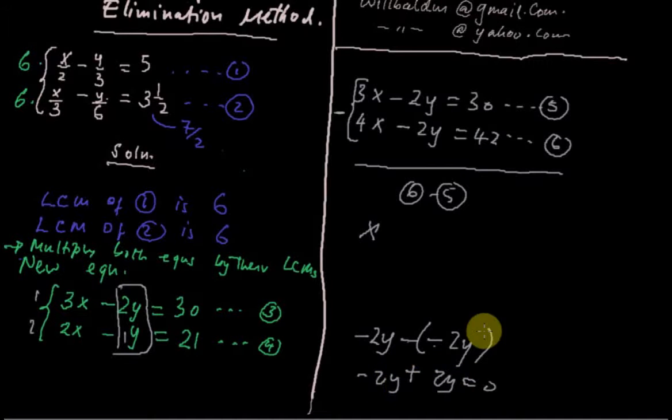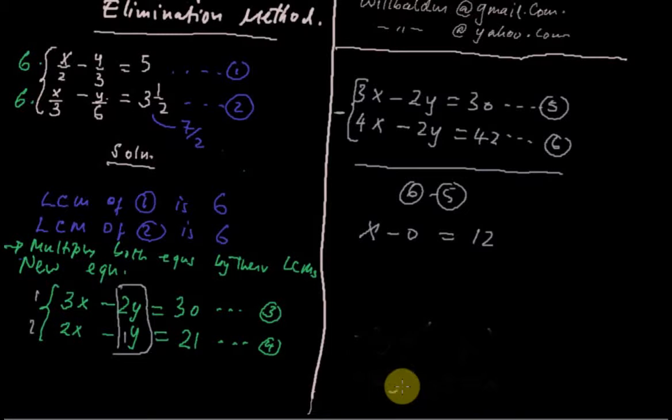It's going to be 0. So it is x minus 0, and this is equal to 42 minus 30, which is 12.